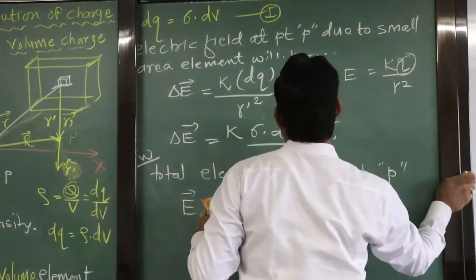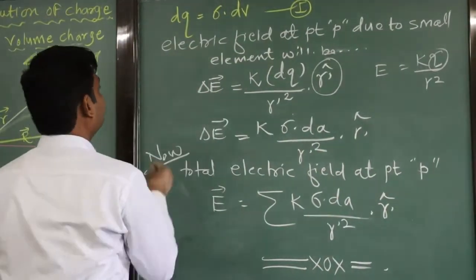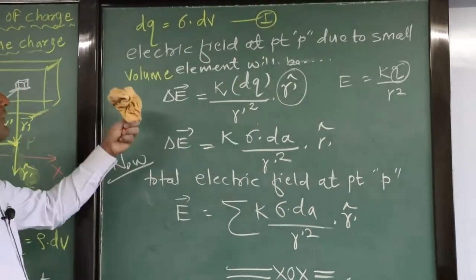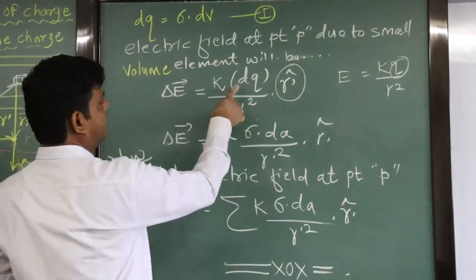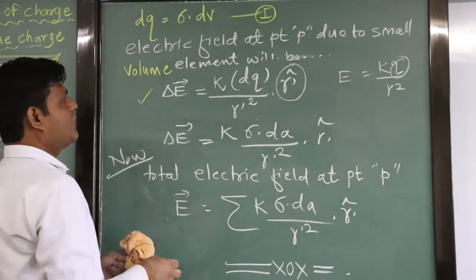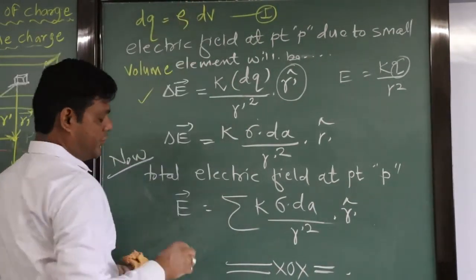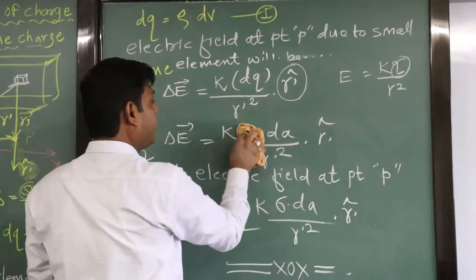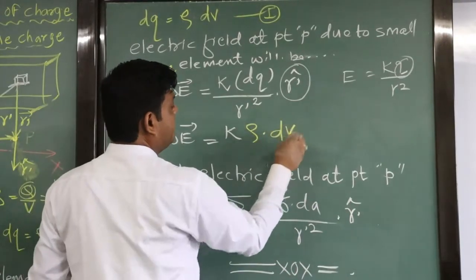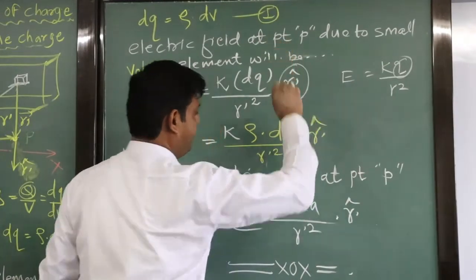Electric field at point P, due to the small volume element, will be dE vector equal to K dq divided by r dash square into r dash cap. Next, instead of dq, what will we write? Rho into dV. So here we will write rho into dV divided by r dash square into r dash cap.